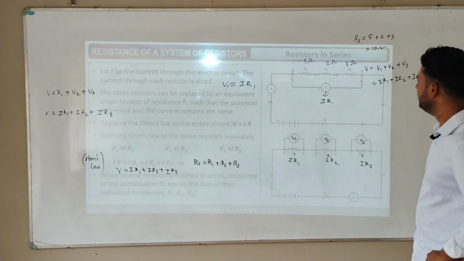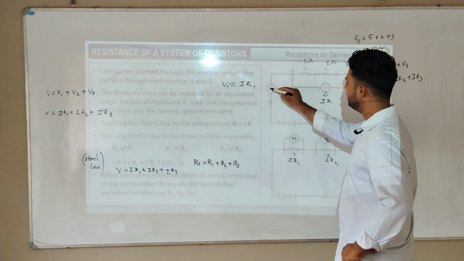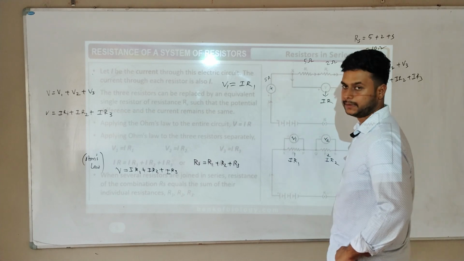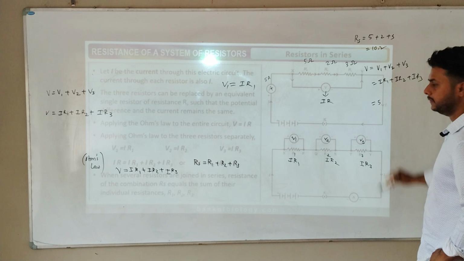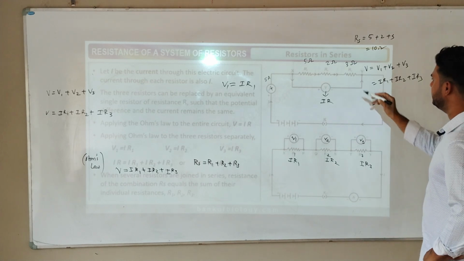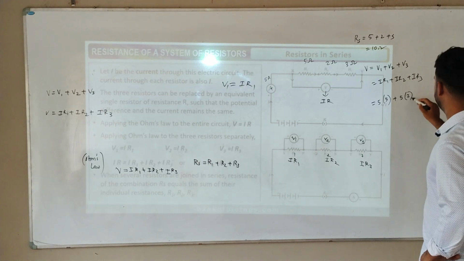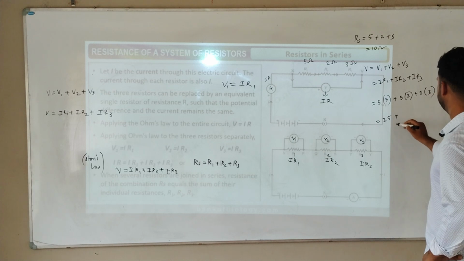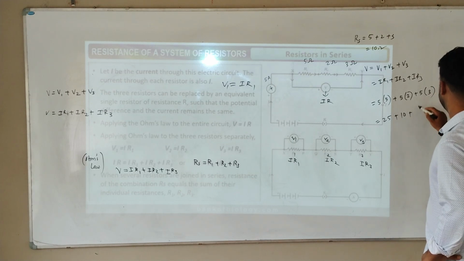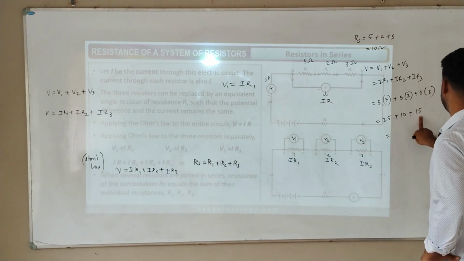One simple example I will take. Current we will take as 5 ampere. So I is how much here? 5. What is R1, R2, R3? 5, 2, 3. Then 25, 10, 15, total 30, 40, 50.